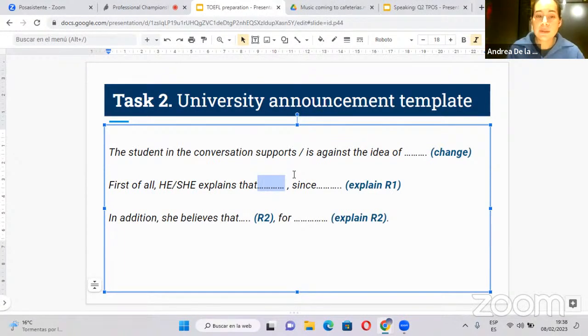So tell me, she explains that this will increase the number of students, right? I'm speaking about the future. Same thing for the second one. You said she believes that attracts students, or increase money. So tell me, she believes that this idea will in fact attract more students, right? So always using the future tense.